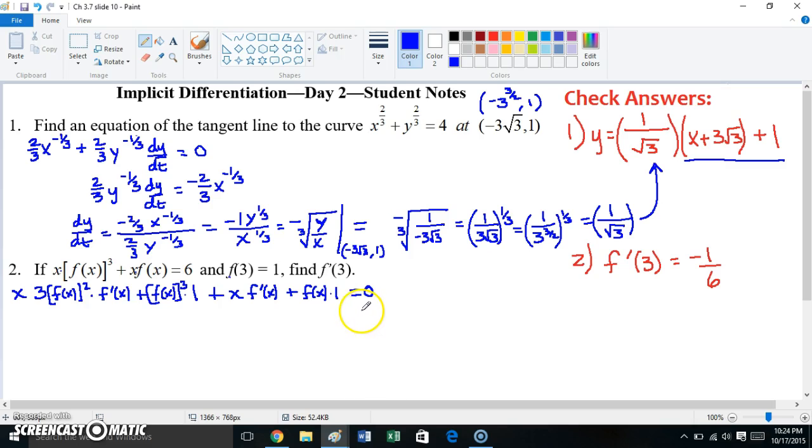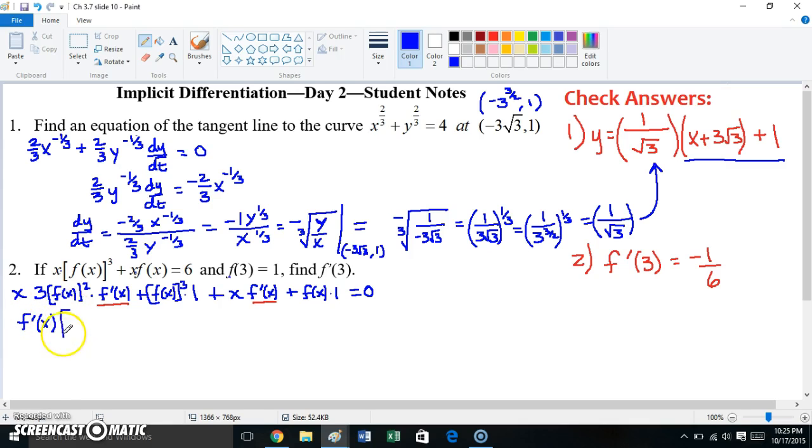Okay, so we'd like to find f prime of 3, which to me says we should isolate all the terms that have f prime in them. And we should solve for f prime before moving on. So I'm going to move the terms that don't have f prime in them to the opposite side of the equation and factor the f prime from the terms that are left.